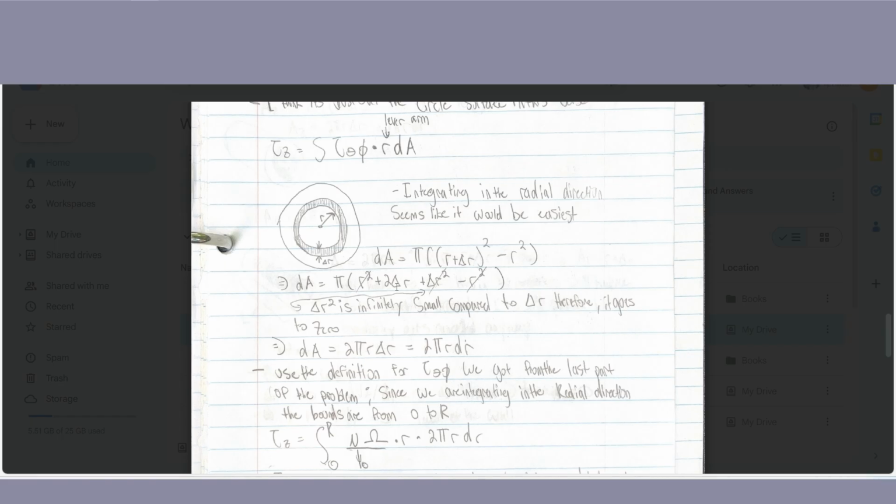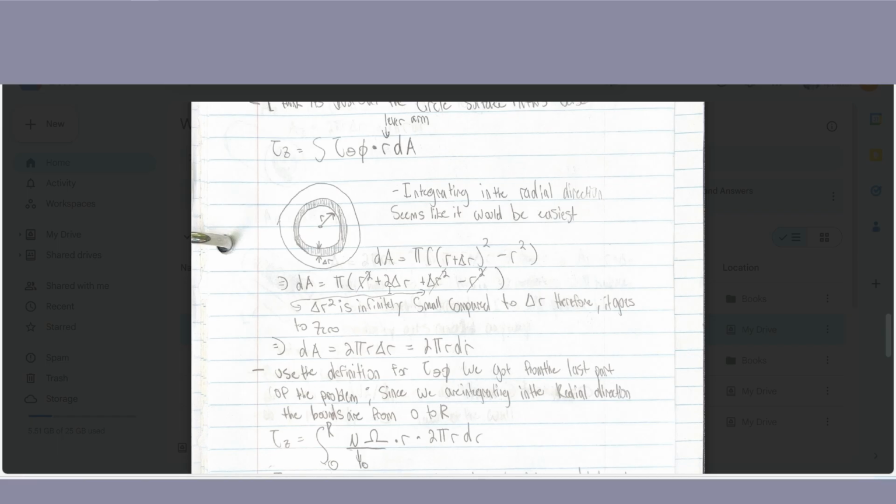It's basically calculating the area under the curve over infinitely small values. So delta r is infinitely small, and if you square an infinitely small decimal, it's going to be really, really small. If you square 10 to the negative 9, that's 10 to the negative 18, which is far smaller than 10 to the negative 9.